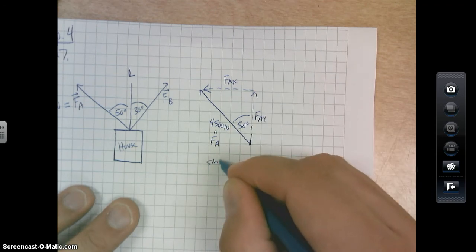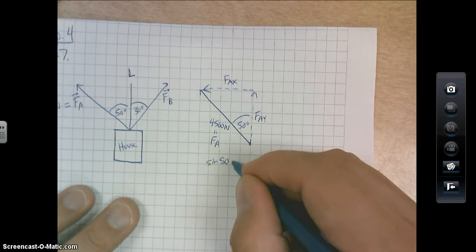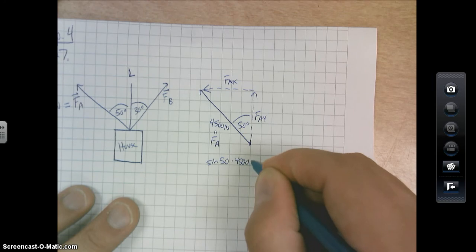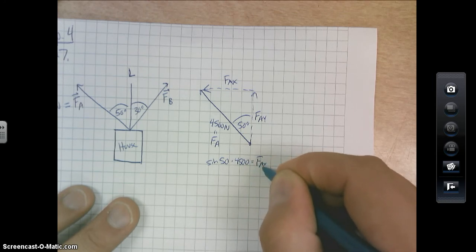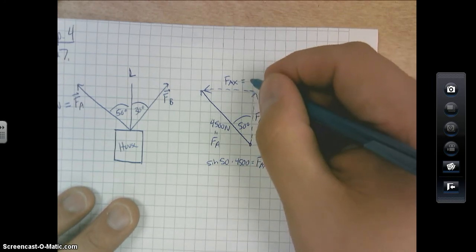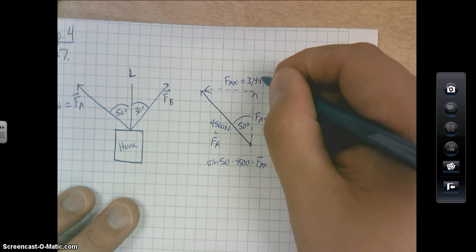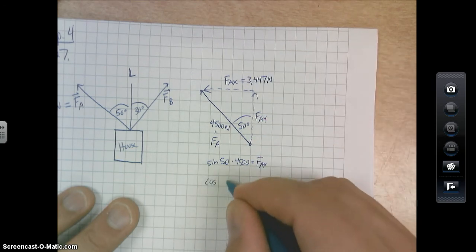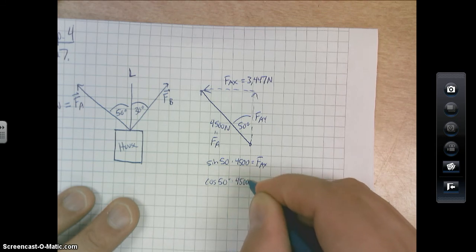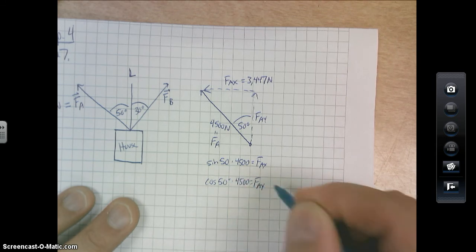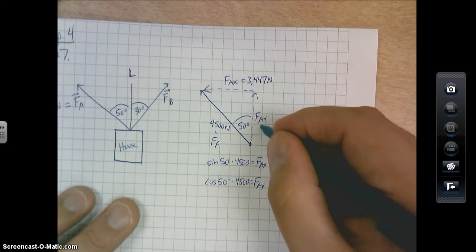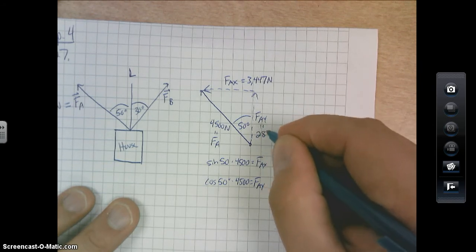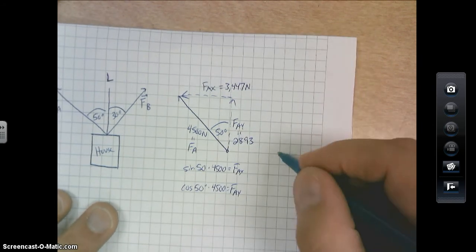So if we did the sine of 50 times 4,500, we would get FAX, and I've already done the number crunching, so that's this value. And if I want the y, we get the cosine of 50 times 4,500. That would give me FAY, and I did that one, 2893.